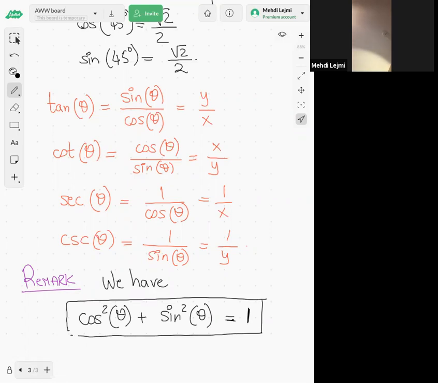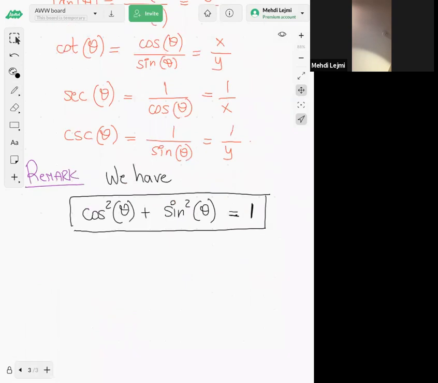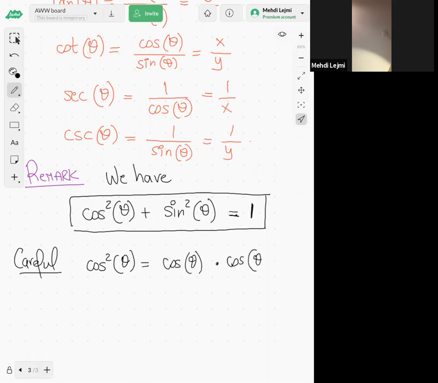So guys, when I say cosine squared of theta, it means cosine of theta times cosine of theta. It's like saying x times x. So be careful. When I write cosine squared of theta, that's cosine of theta times cosine of theta.